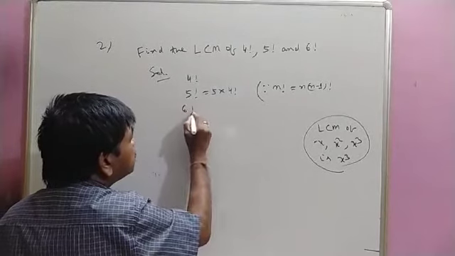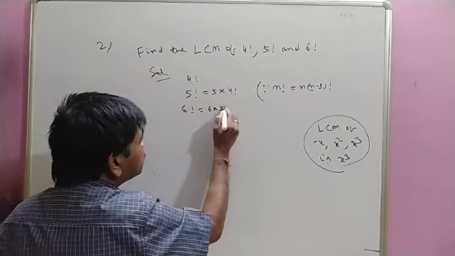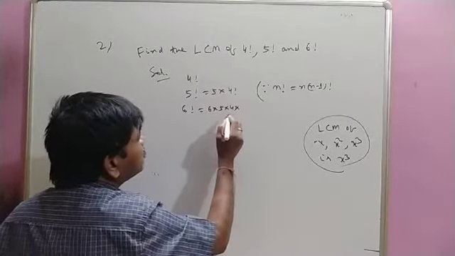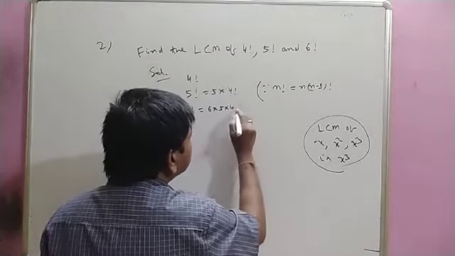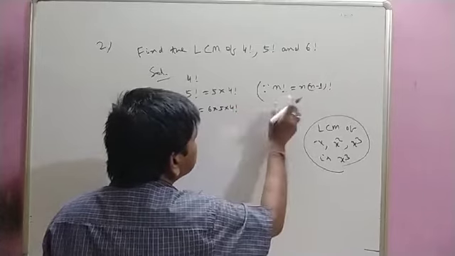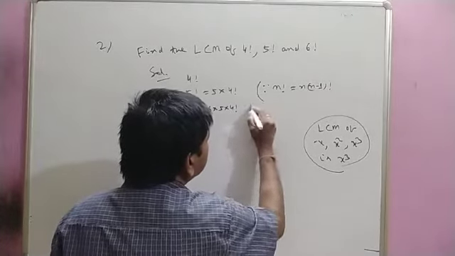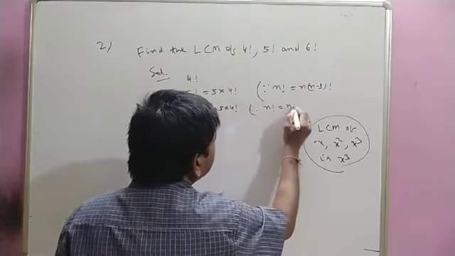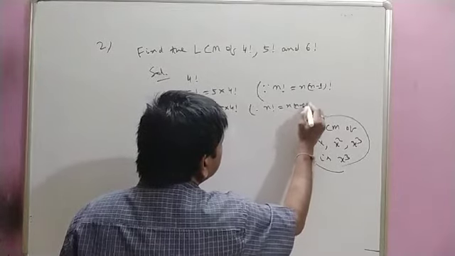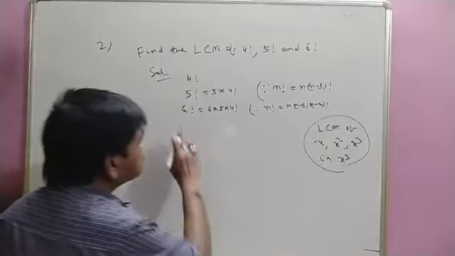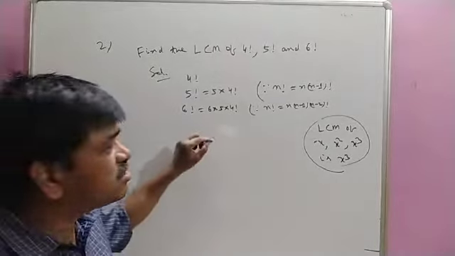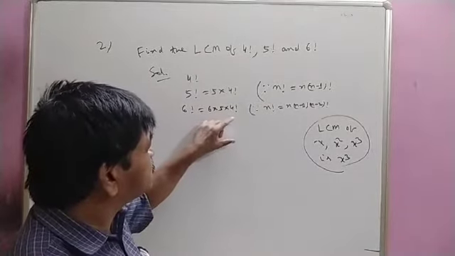Similarly, 6 factorial is 6 into 5 into 4 factorial, because n factorial is equal to n into n minus 1 into n minus 2 factorial.